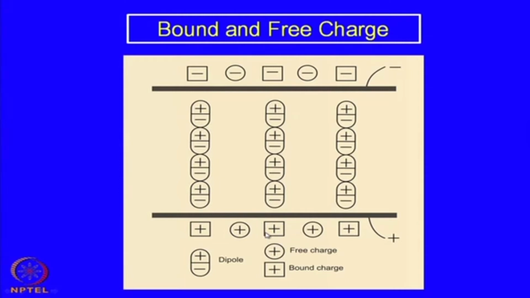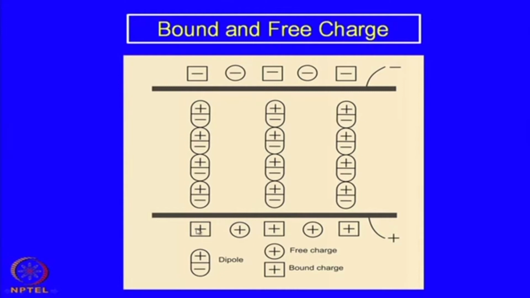So, these are the bound charges. Whatever charges are inside the material will bind some charges on the surface of the electrodes. On this side the negative charge will bind this positive charge, and on this side this negative charge will bind this positive charge.